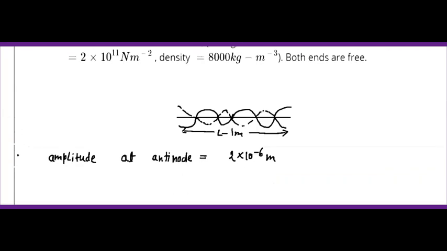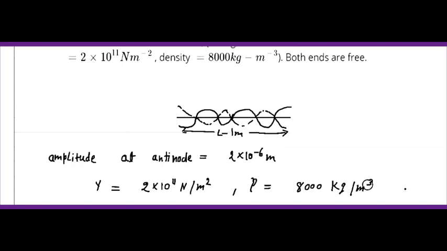Young's modulus of the material of the rod, Y, is equal to 2 into 10 raised to power 11 Newton per meter square. Density rho is equal to 8000 kilogram per meter cube. Length of the rod is equal to 1 meter.